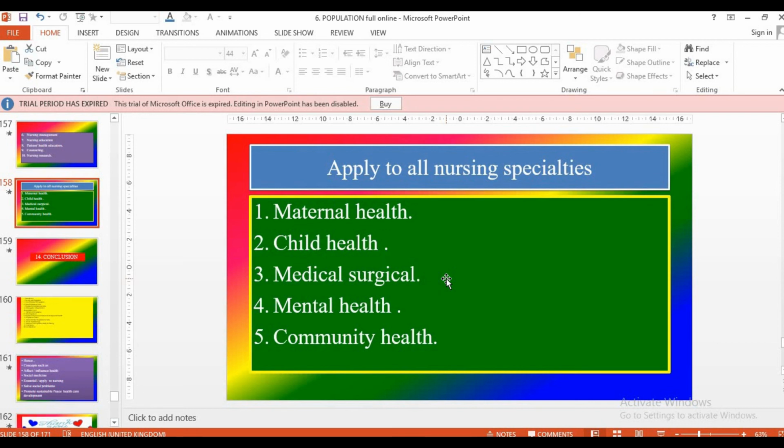All these terms are available in that book. What are the terms? Population, population characters, population explosion, overpopulation, demography, epidemiology. So these are the concepts that should be conceptualized and which make better understanding of all other specialties.